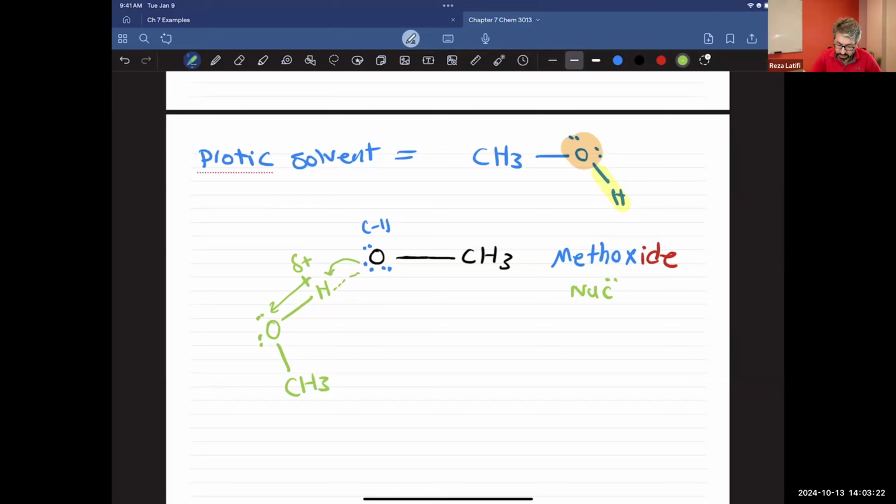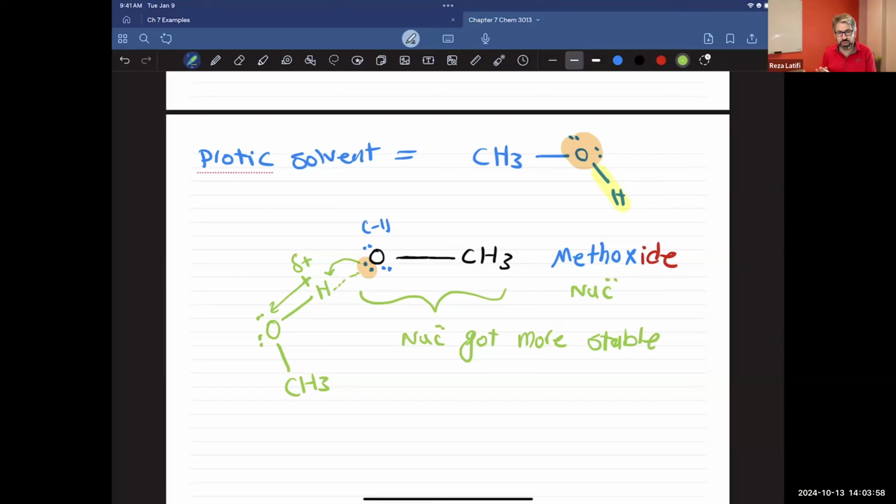And now what will happen? The lone pair is now shared with hydrogen, which means the charge on the nucleophile dropped. The nucleophile got more stable. So you think that's a good thing, and my nucleophile got stable, that should be fine.